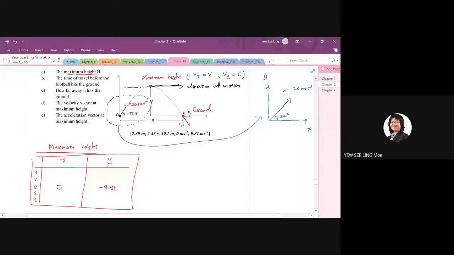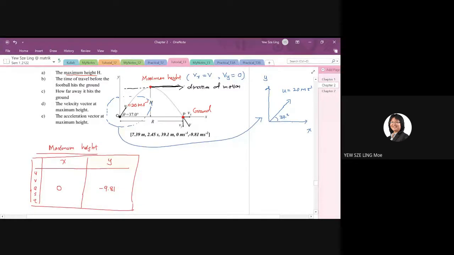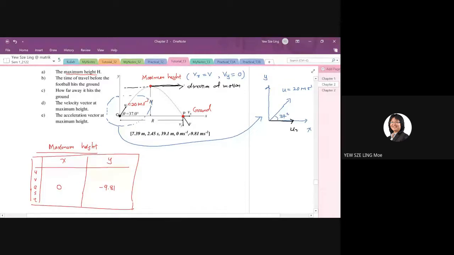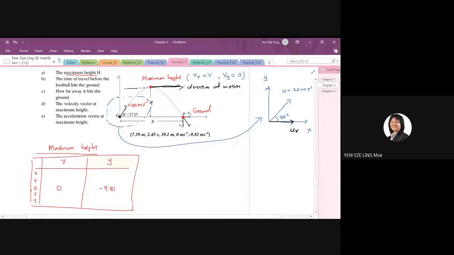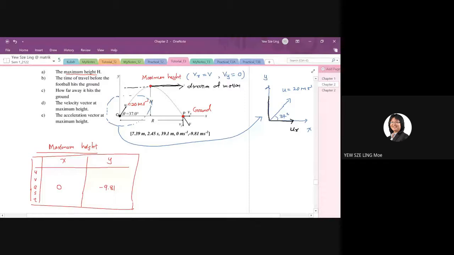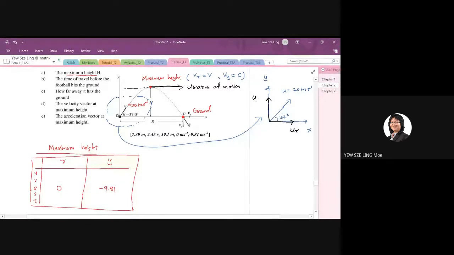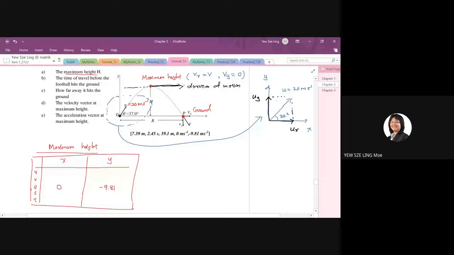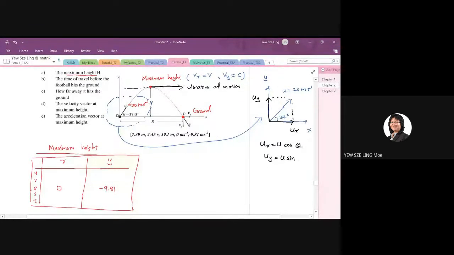Now I want to resolve it. When I resolve u, I obtain Ux, and if I resolve the y component, this is my Uy. If you form a triangle here, you will see that Ux is equal to u cos theta, which uses cos because the angle is located beside it, and Uy is equal to u sine theta.